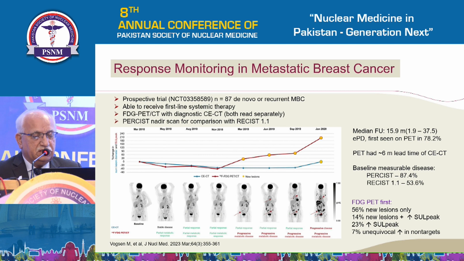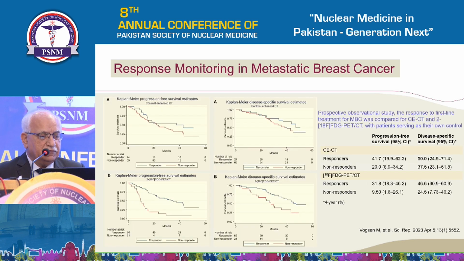Progression of disease was first seen on PET in 78% of cases, and PET had a 6-month lead time compared to contrast-enhanced CT. Baseline measurable disease was seen with PERCIST in 87% of cases versus 53% of cases with RECIST.